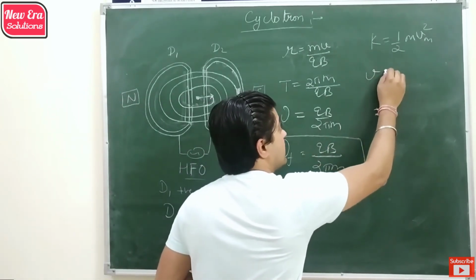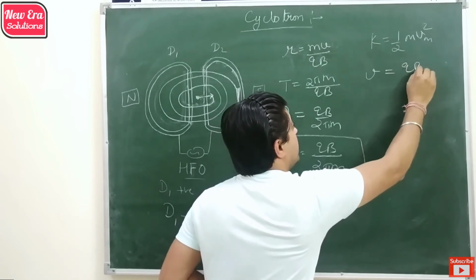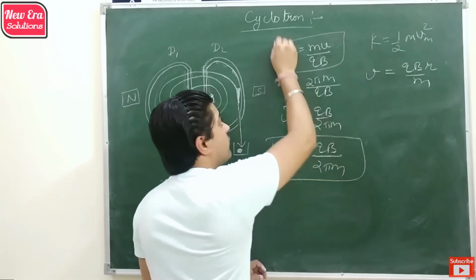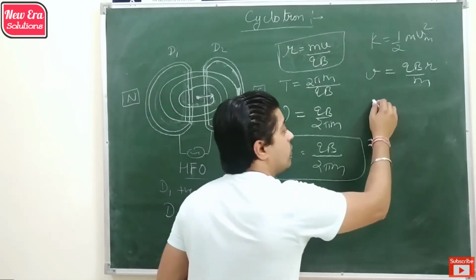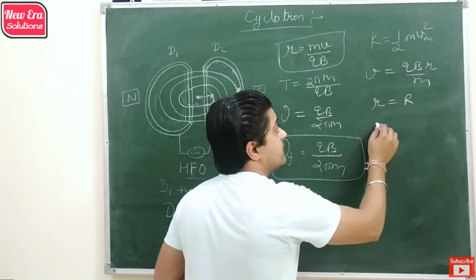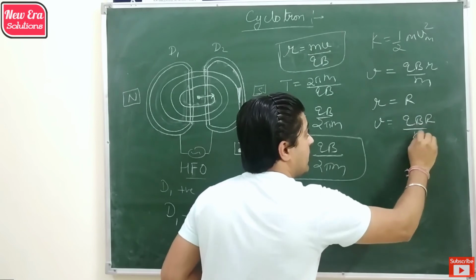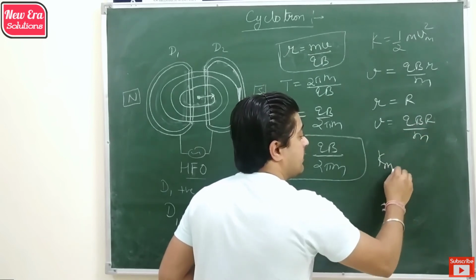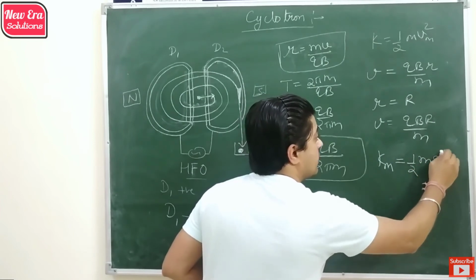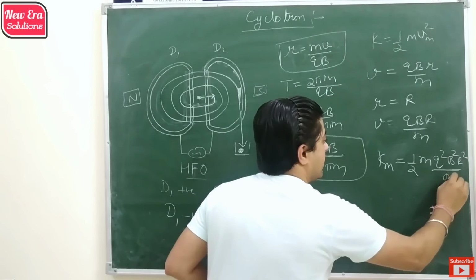So the velocity of the charge is qBr by m, from the formula of the radius of the circular path. When the radius is equal to the periphery radius R of the D's, the velocity is qBR by m, and the maximum kinetic energy is equal to half m q squared B squared R squared by m squared.